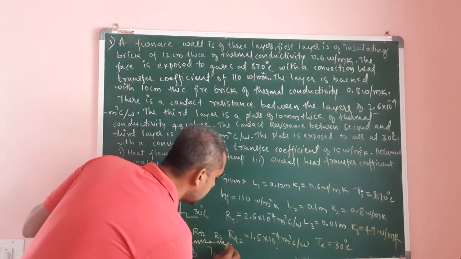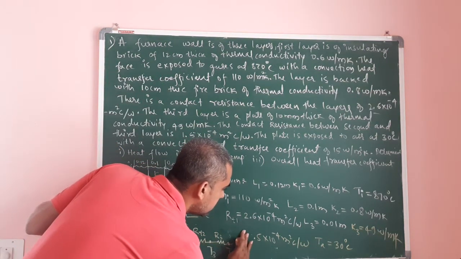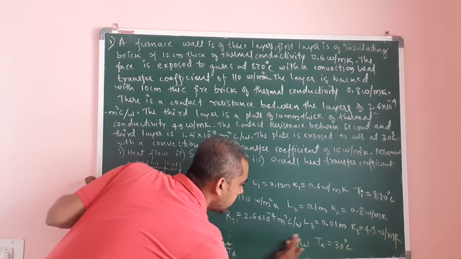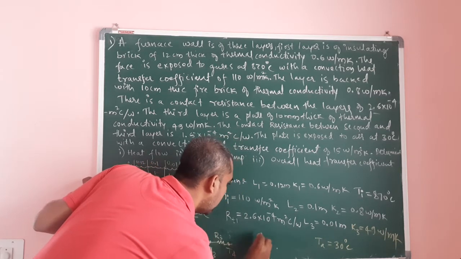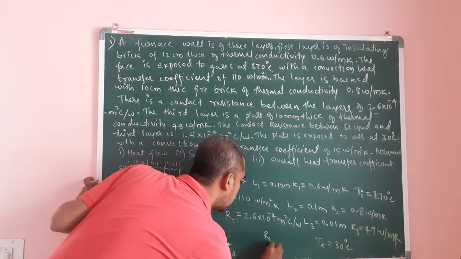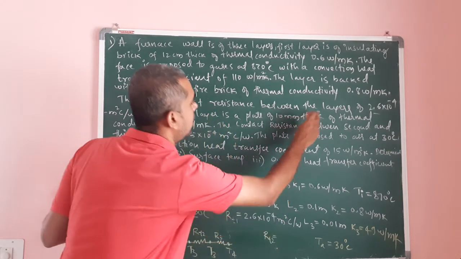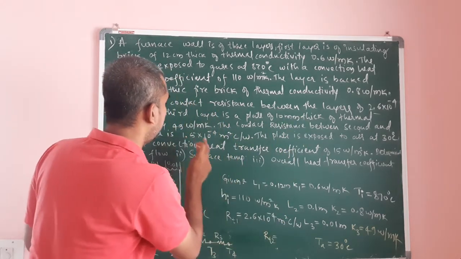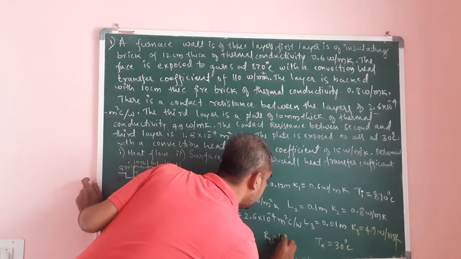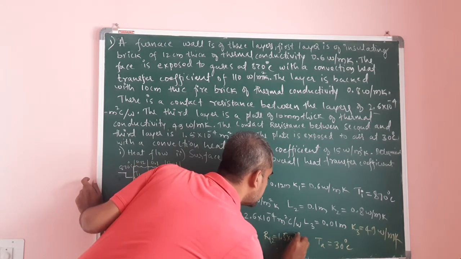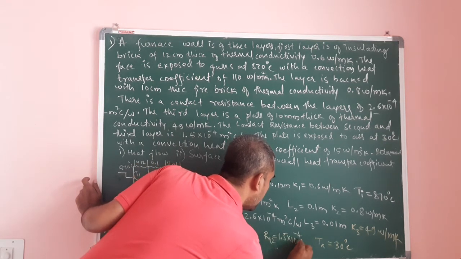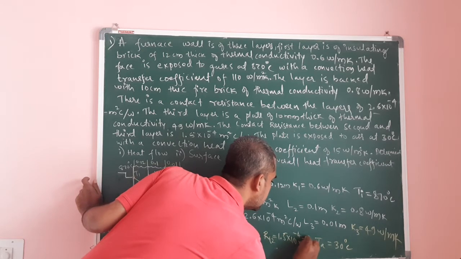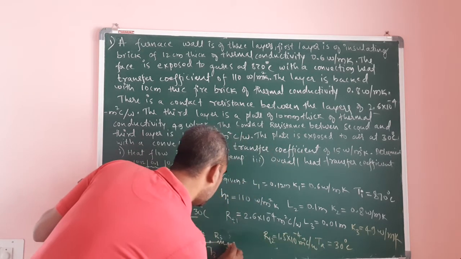I will write here, T2 is equal to 1.5 into 1.5 into 10 raised to minus 4 meter square Celsius per watt.